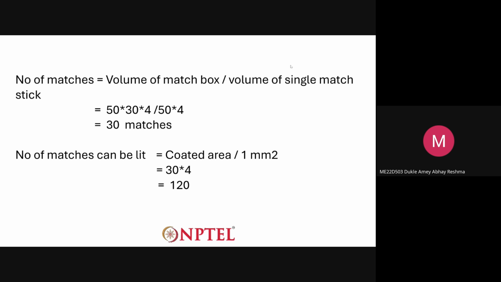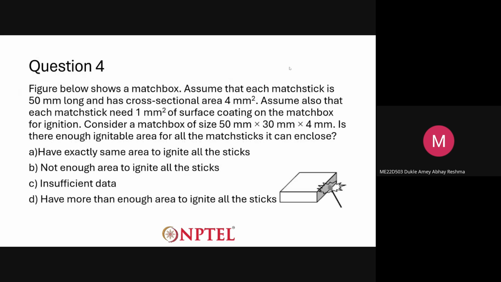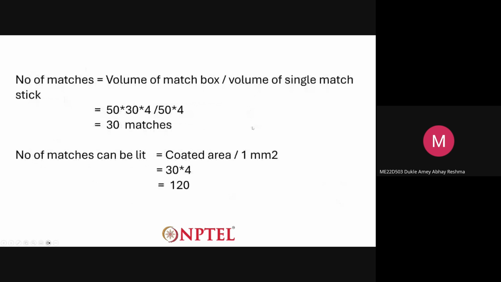So we have the coated area and the area that is required for one match. Here it is given: assume that each matchstick needs one millimeter square of the surface coating. We already know the coated area, and we know the area needed by one matchstick.